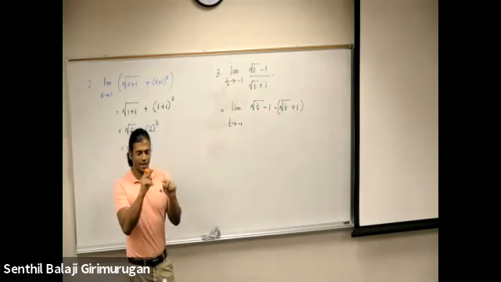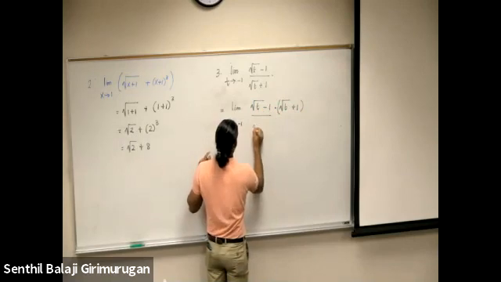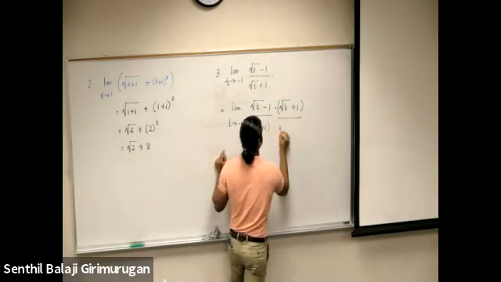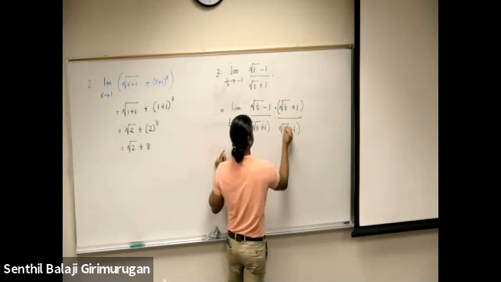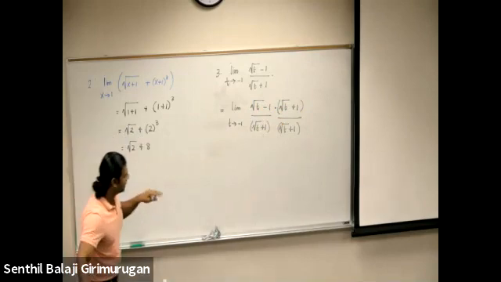You see how I change that negative to a positive? Of course, I can't just arbitrarily multiply and leave things alone. Math doesn't work that way, so I multiply and divide by square root of t plus 1.